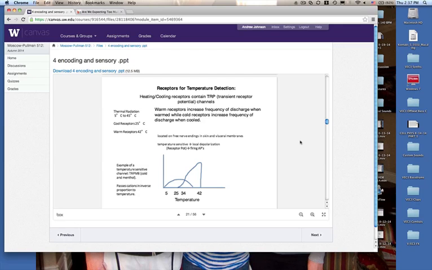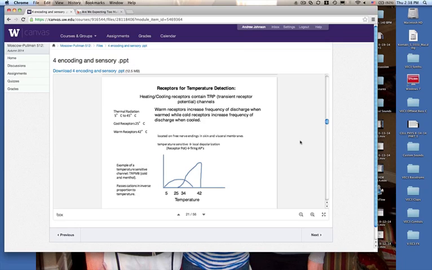This is just a rough graph of two different channels, so they have different temperature selectivities. So if you have cold channels, they're going to be active maximally around 25 degrees Celsius, which is pretty cold, like room temperature. They'll be shut around body temperature. And because as you cool down, molecular movement slows down, they're going to fall off as the temperature gets more cold.